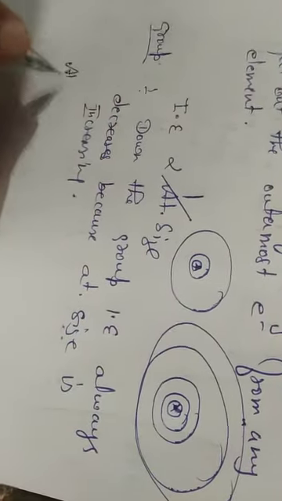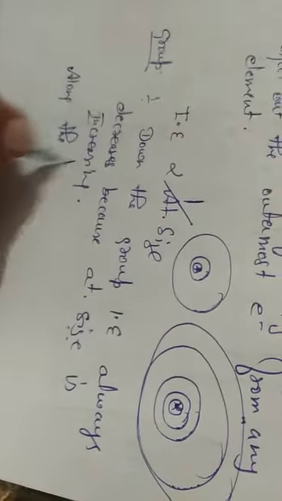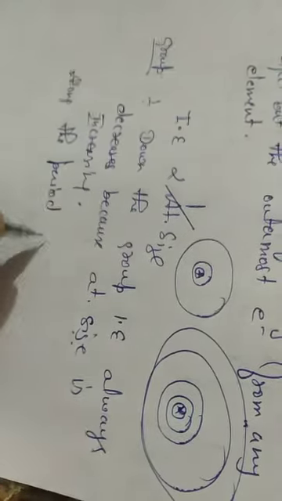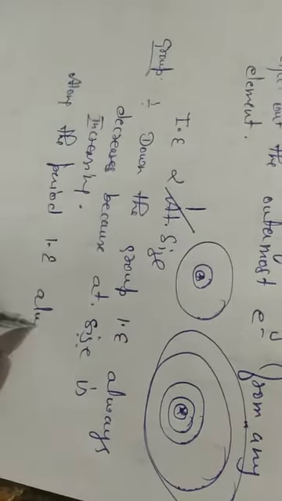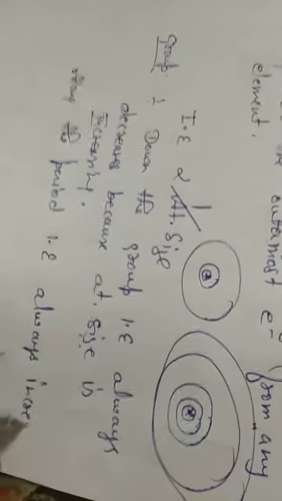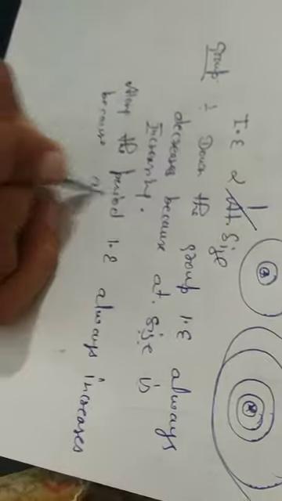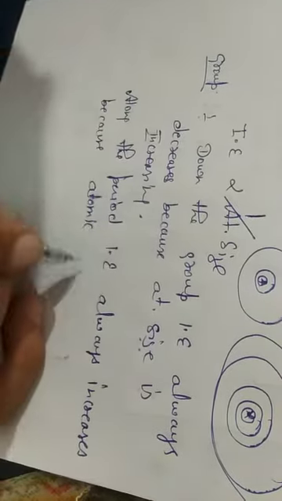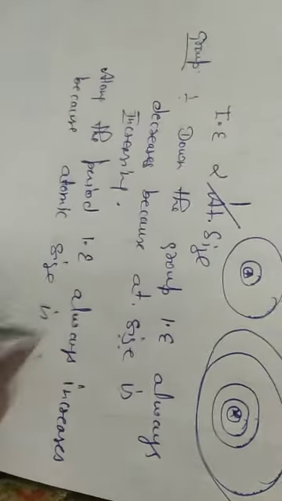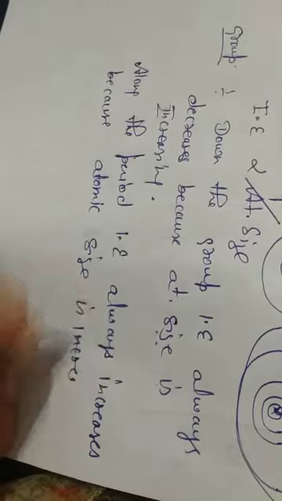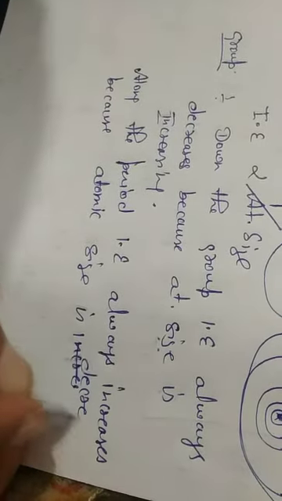Second, along the period, ionization enthalpy always increases. Why? Because atomic size is decreasing. You know very well.